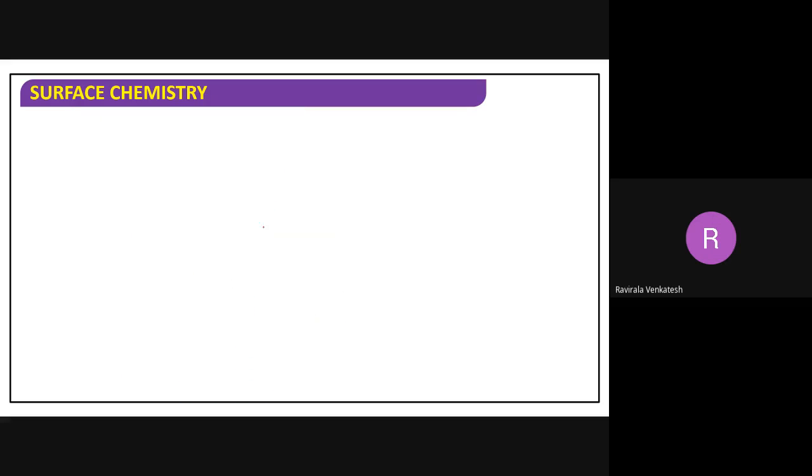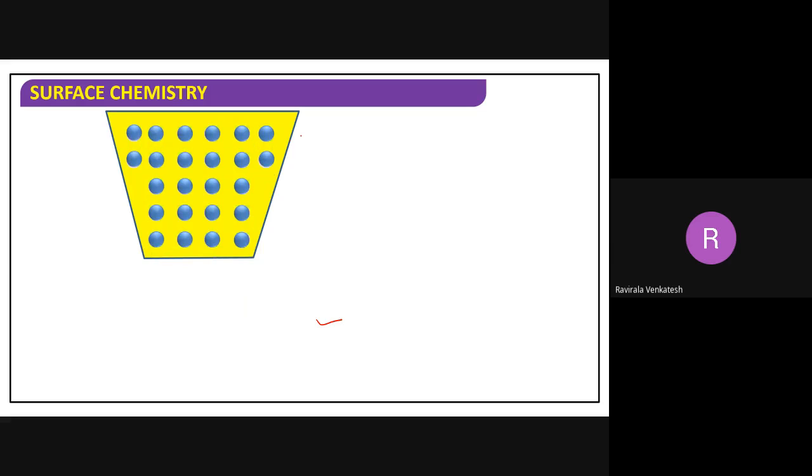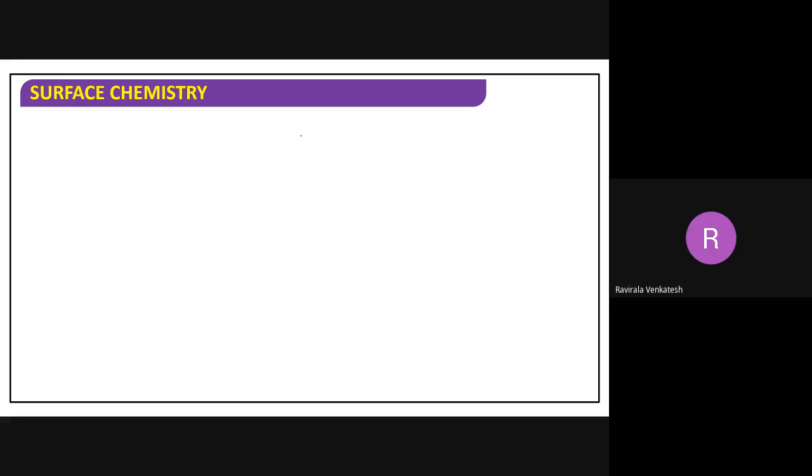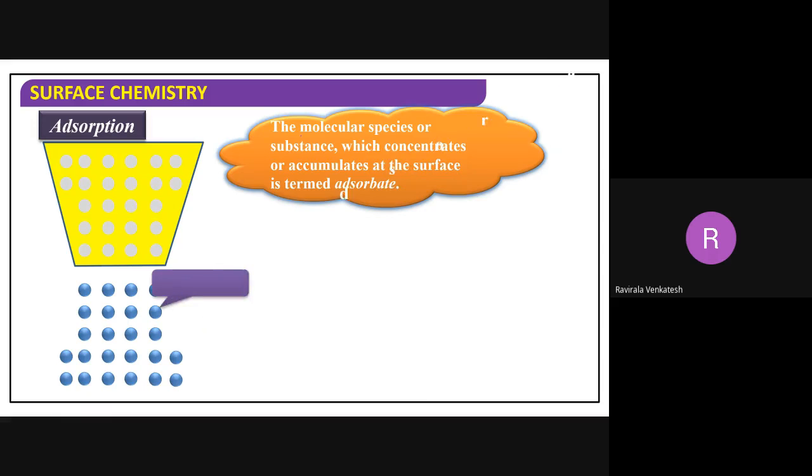This is actually the surface. Some molecules are concentrated, accumulated on the surface of this adsorbent. This phenomenon is called adsorption. So the molecules or species are accumulating, concentrating on the surface.